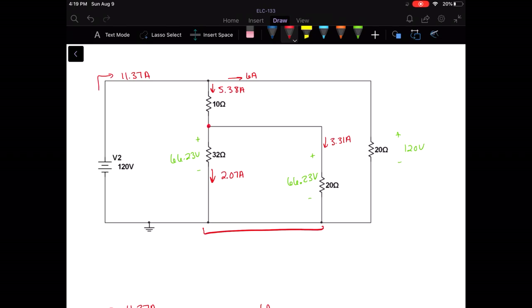So that 5 amps is coming in and splitting between those branches.